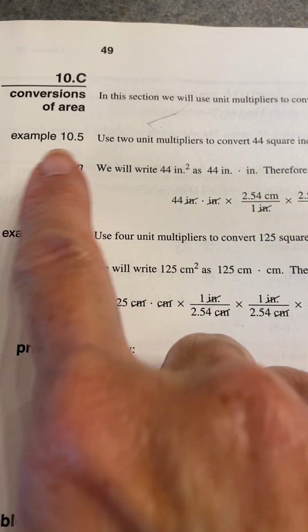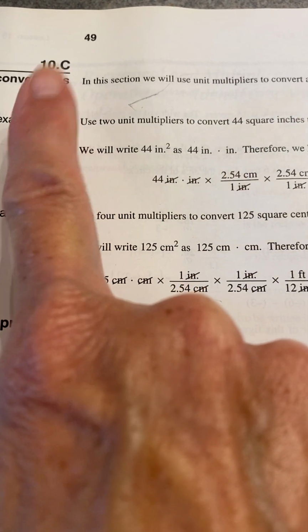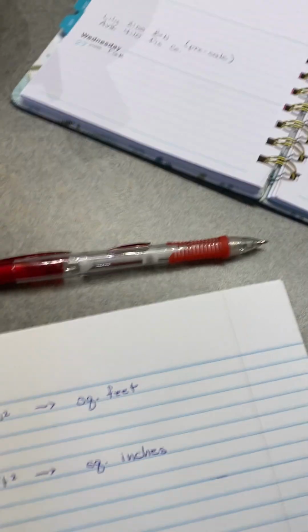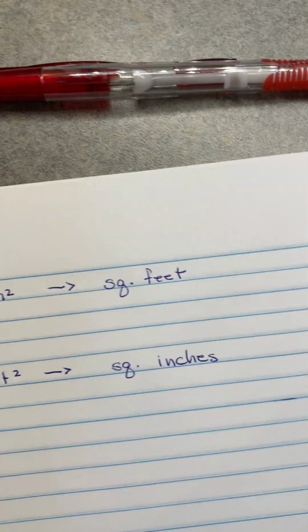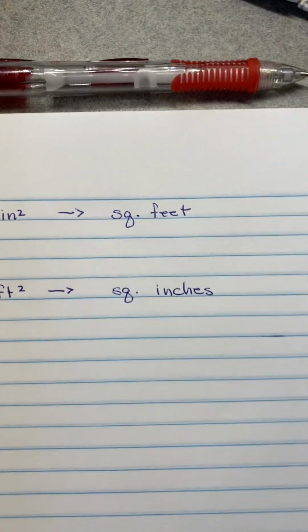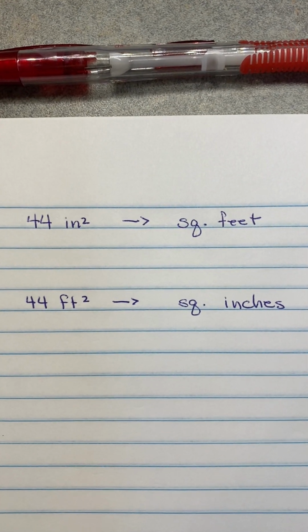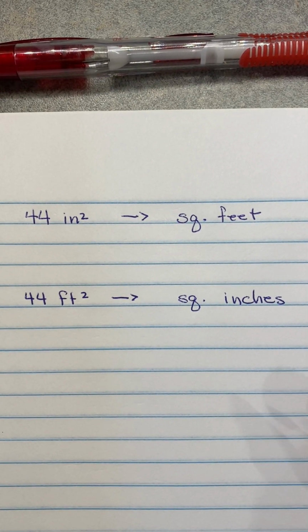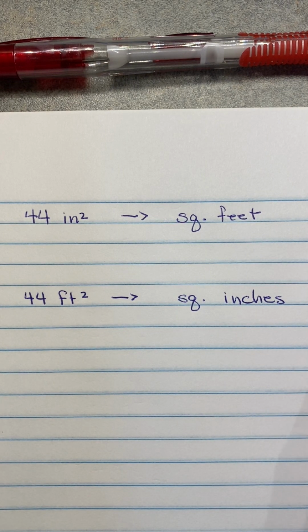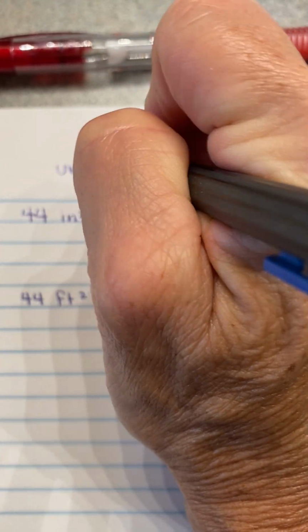Okay. Let's do a couple conversions of area because these can get a little bit tricky whenever we have square inches or square feet. Let me set up my camera here. So in your book, they convert the square inches to square centimeters. So I wanted to convert it to square feet. So we need to find our unit multiplier.